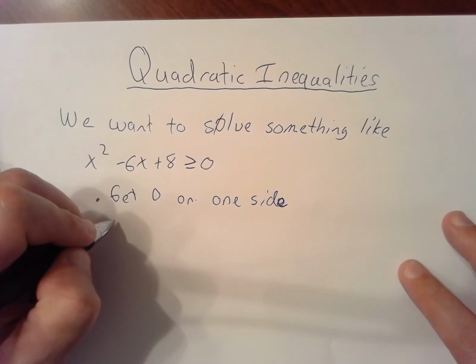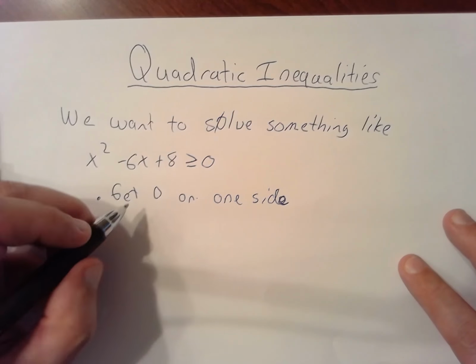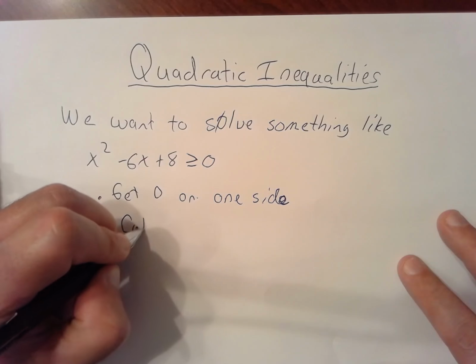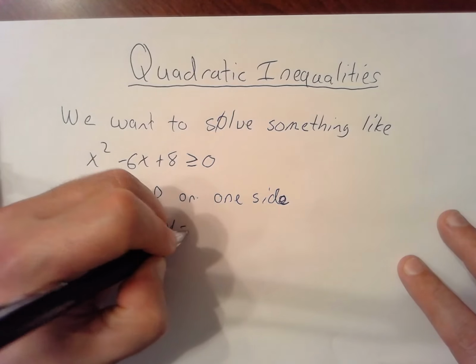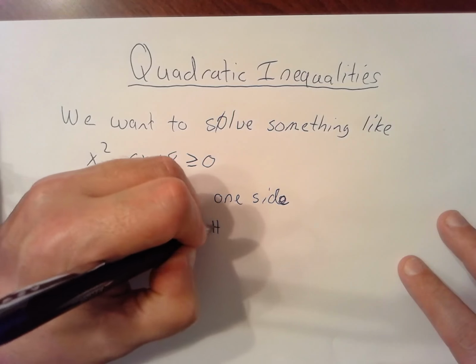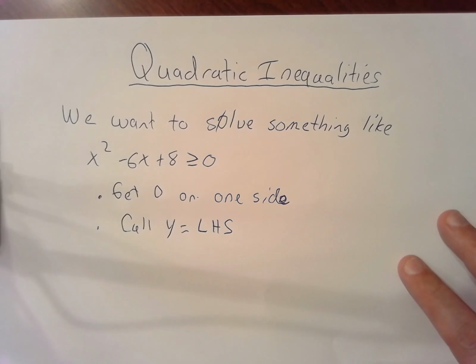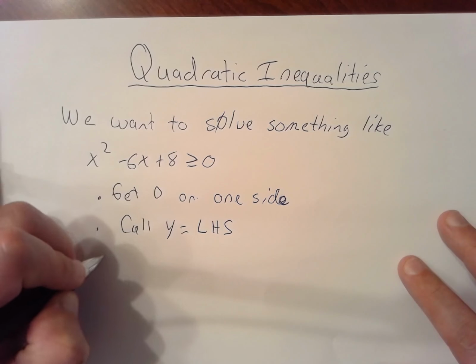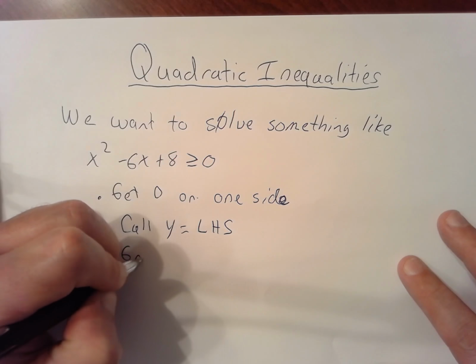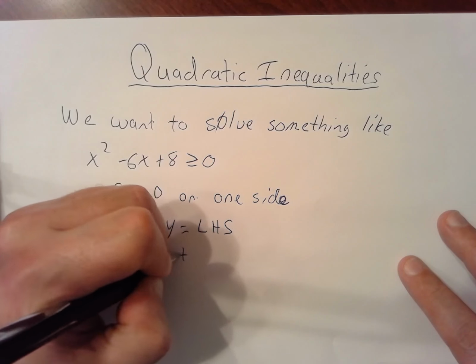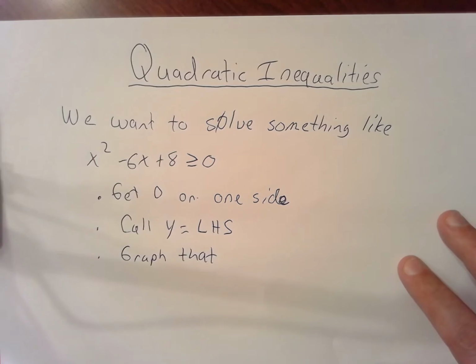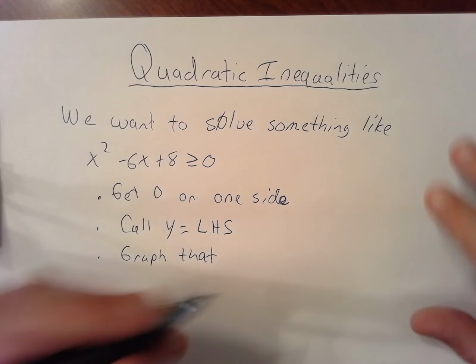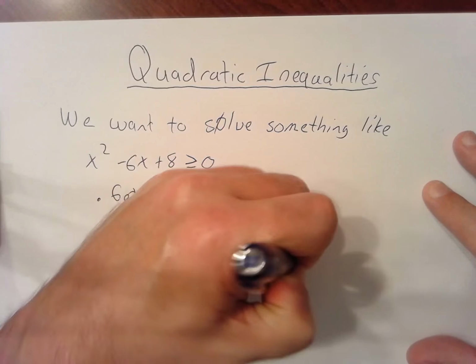Our second step is whatever the left side is, we're going to call that y equals the left-hand side. And then we're going to graph that. Forget about the greater thans, the less thans. We'll graph y equals our quadratic.